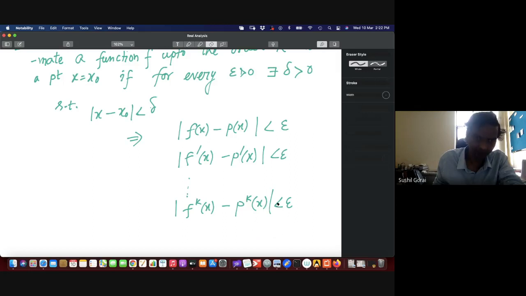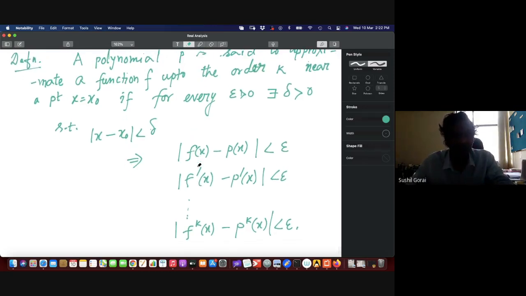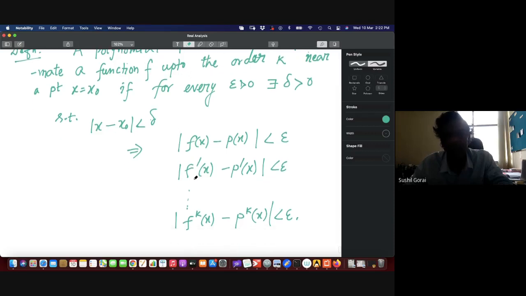Is this correct? Is this clear? So what it means to approximate up to order k is that not just the function is approximated, the corresponding derivatives are also very close. Right?